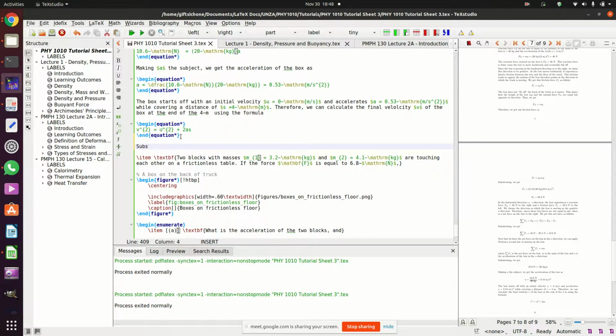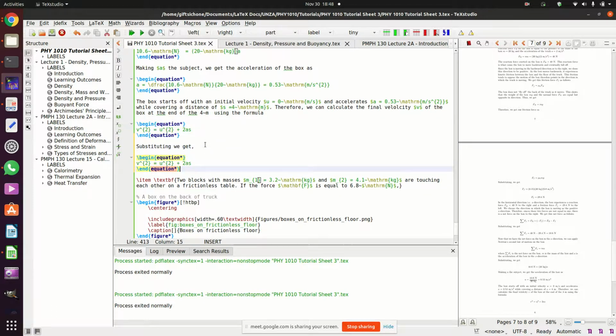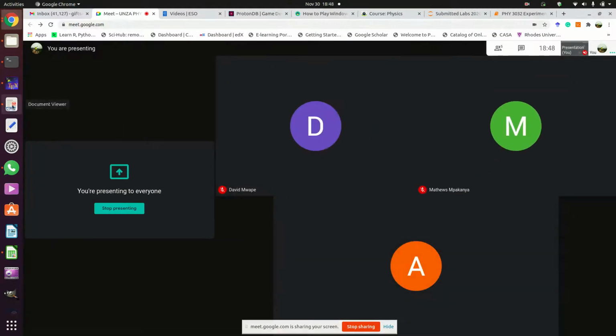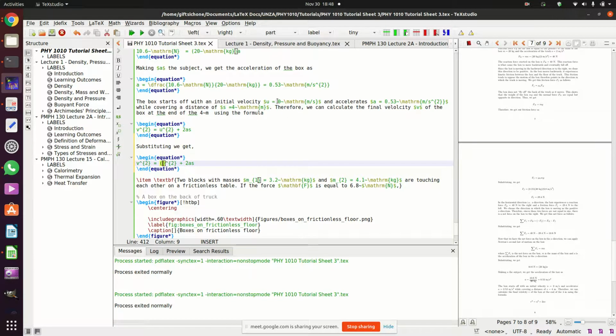So, substituting, we get the acceleration is what we got, and of course the distance is 4 meters.